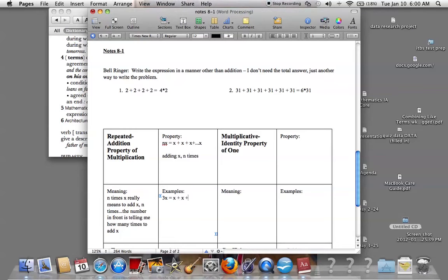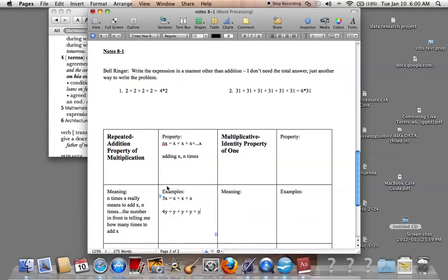So it would be x plus x plus x. Another example might be 4y. That's telling me I have y plus y plus y how many times? 4. So I have y plus y plus y plus y. The back thing, letter, number, whatever it is, is what I am adding. The front number is how many times.